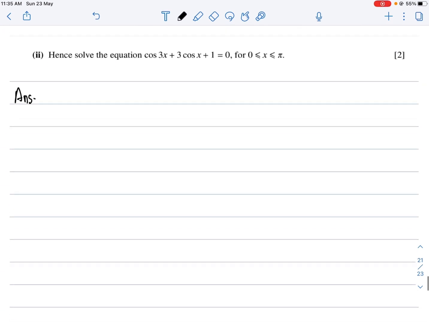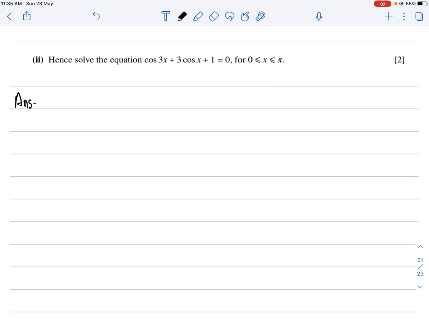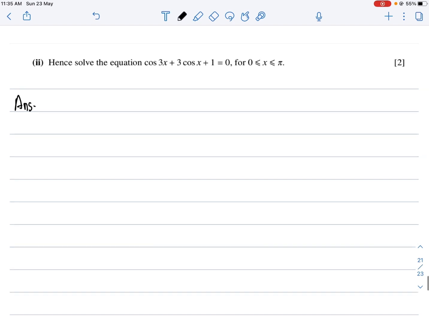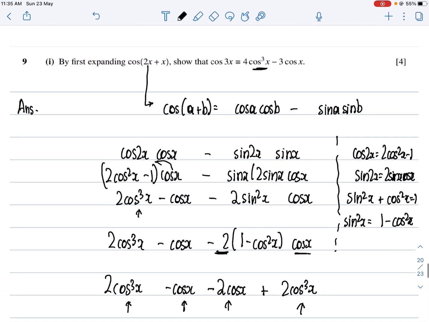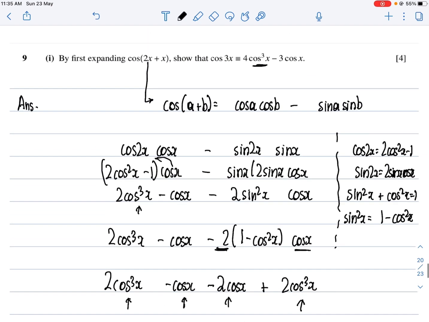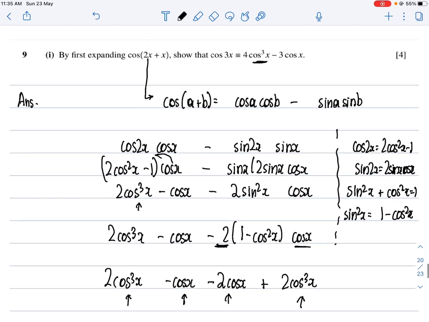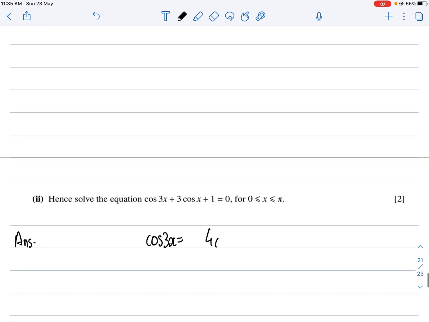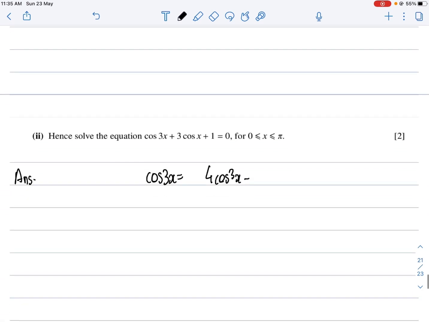Now, hence solve the equation cos 3x plus 3 cos x plus 1 equals 0 in the domain from 0 to pi. So now I know from the above equation that cos 3x is equal to 4 cos cube x minus 3 cos x. Agreed?